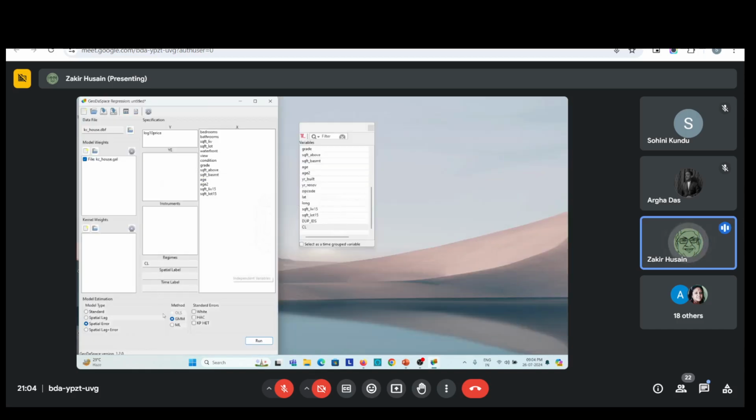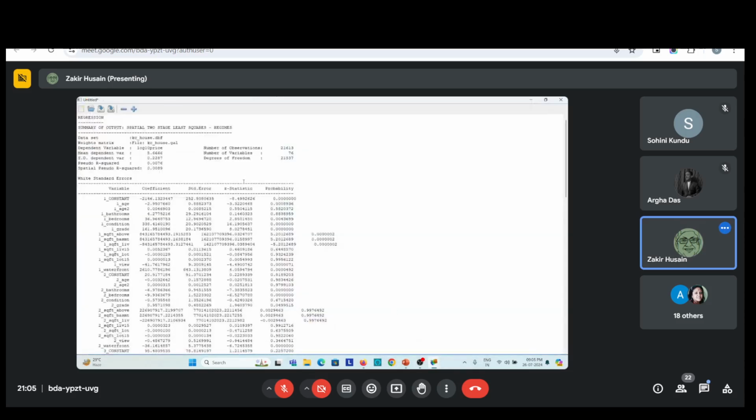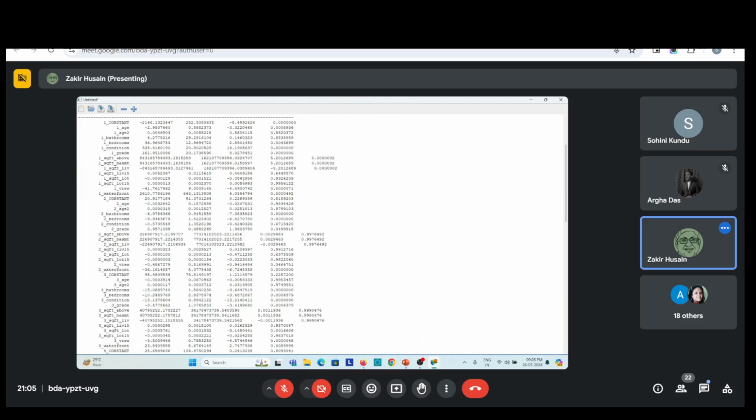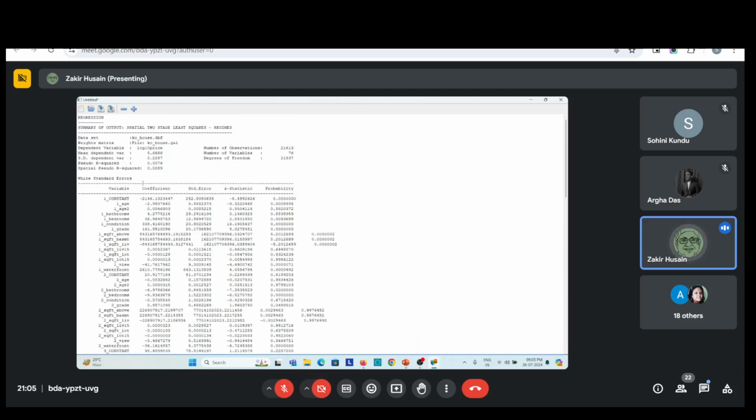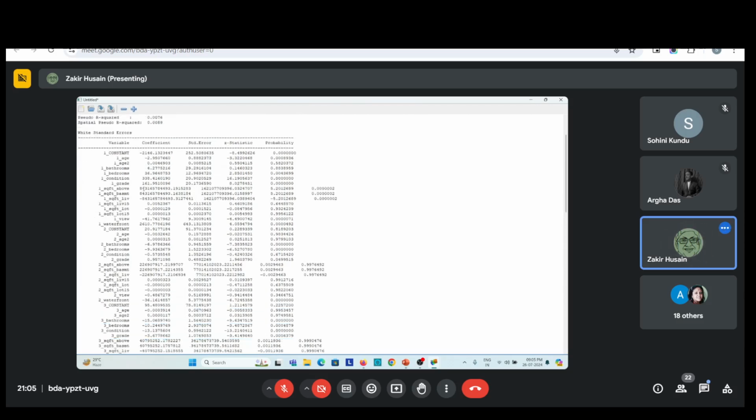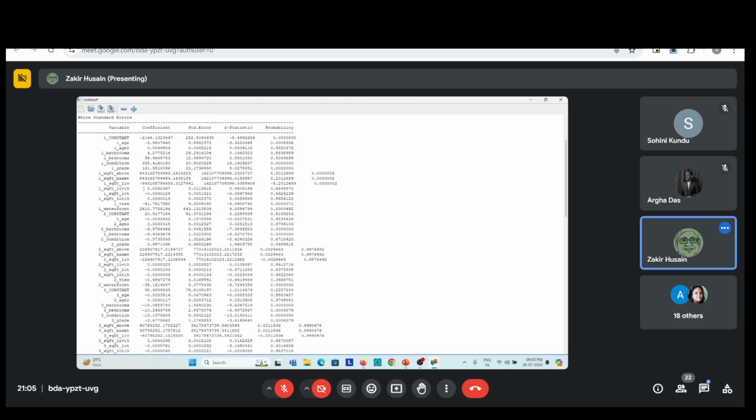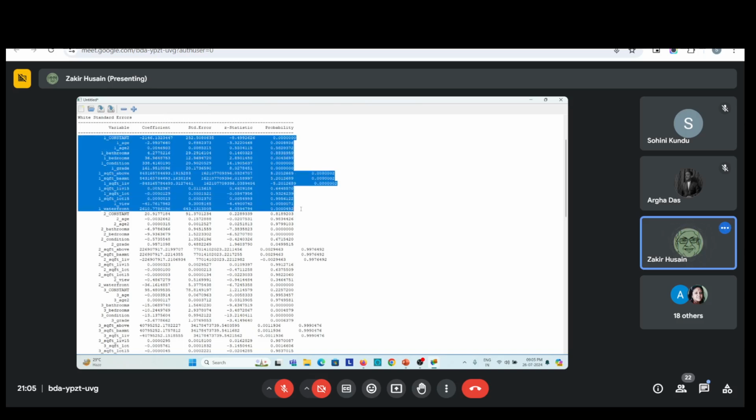Then next we go to, just for the heck of it, the spatial lag model. I don't know why they do it, but it's like this. So this is the first result.